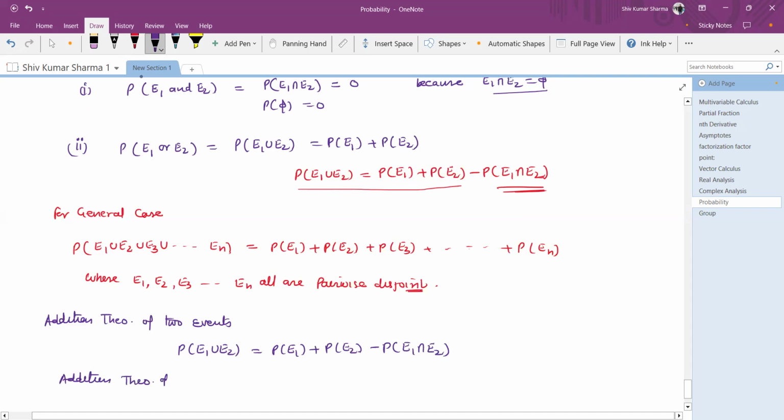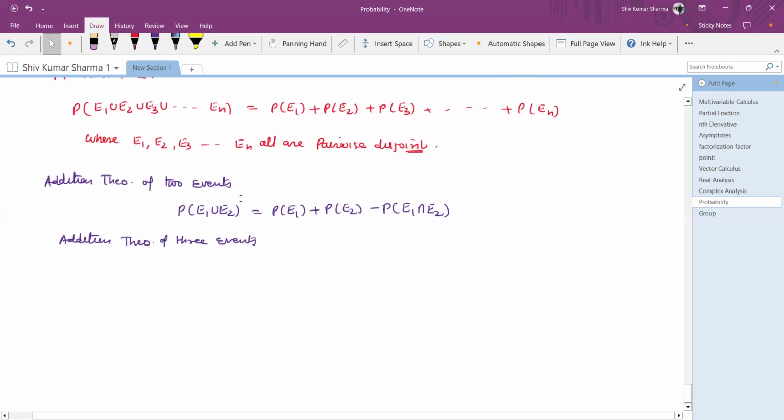Now we write the addition theorem of three events. We have P(E1 union E2 union E3).